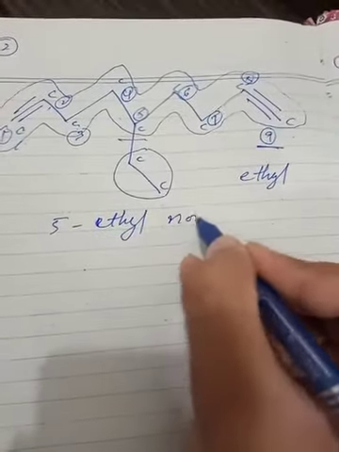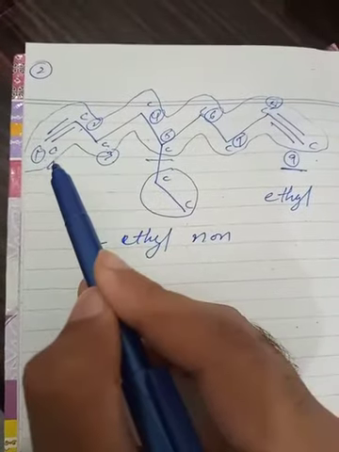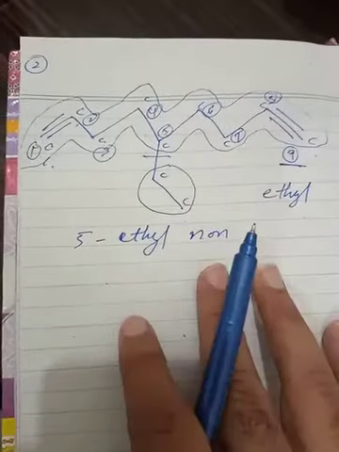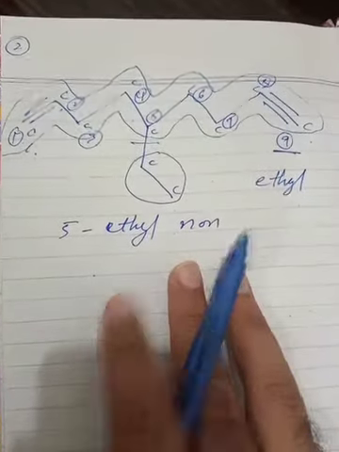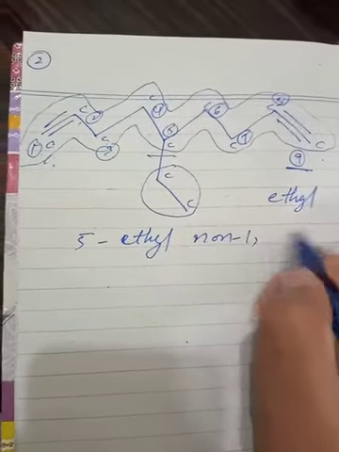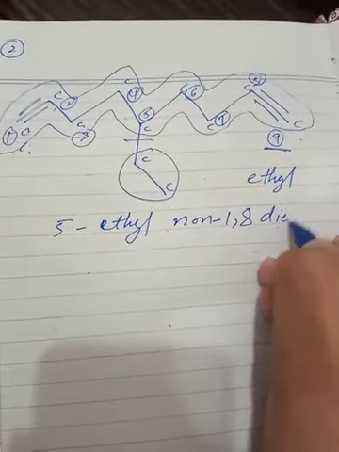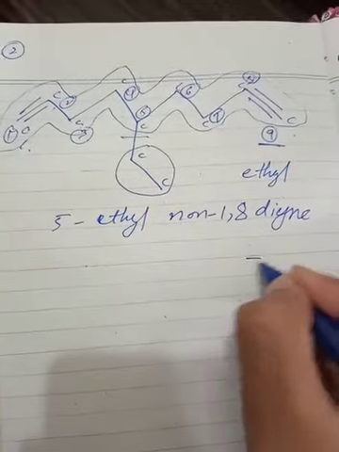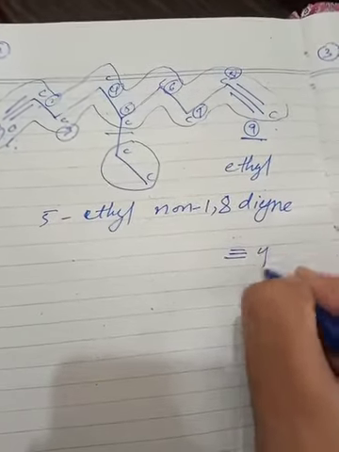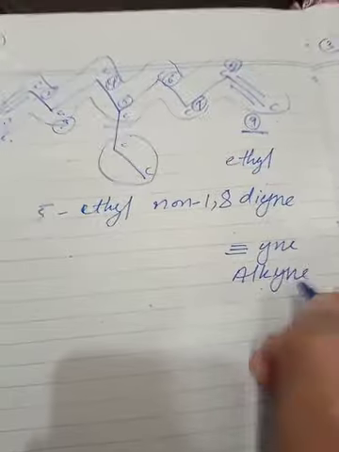So non. Now you can see that the first carbon and the eighth carbon have triple bonds. So you have to name it 1,8-diyne, as a triple bond is always regarded as an alkyne.